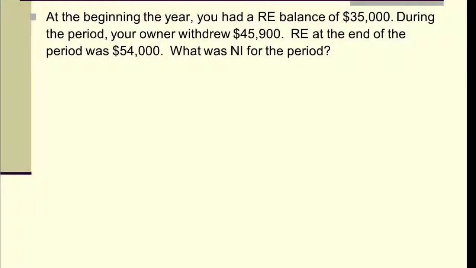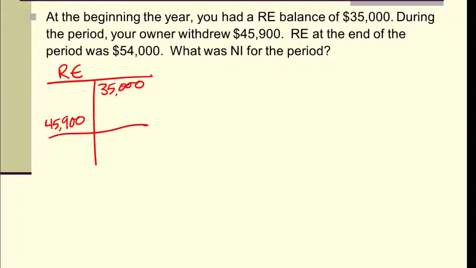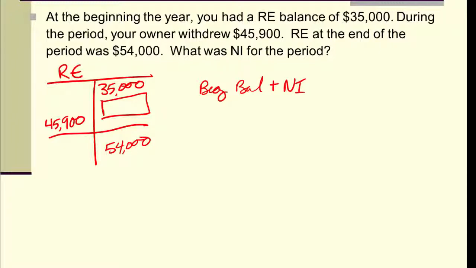Okay, are you ready? Retained earnings. This is an equity account, so it actually has a credit balance. So we started with $35,000. Owner withdrew $45,900. We ended with $54,000. I want to know this number. If you prefer the equation, beginning balance plus net income minus our withdrawals equals our ending balance.